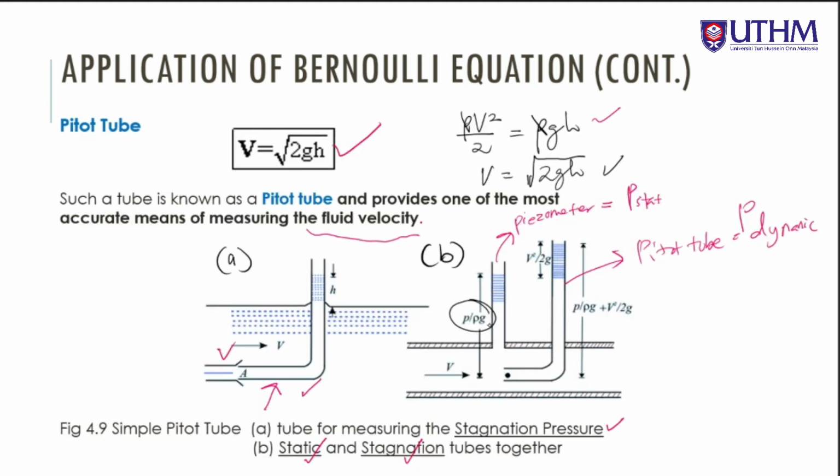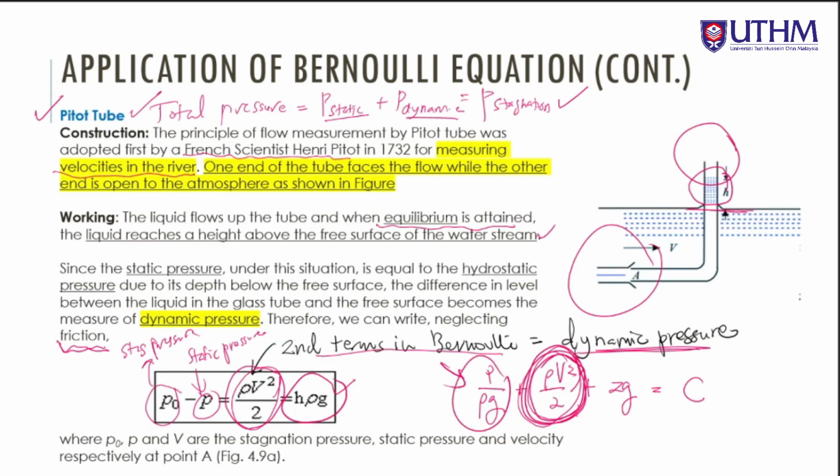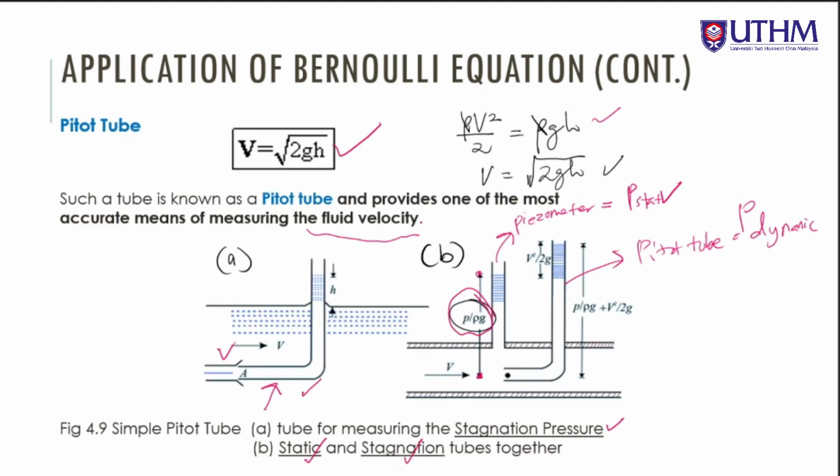Okay, so kalau kita nak consider both macam static pressure, sebenarnya kita guna macam saya cakap tadi, guna piezometer. That is why kenaikan daripada elevation from here to here actually the first term dalam Bernoulli equation kan, which is this one.